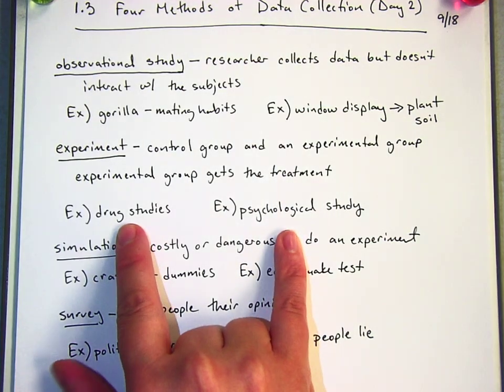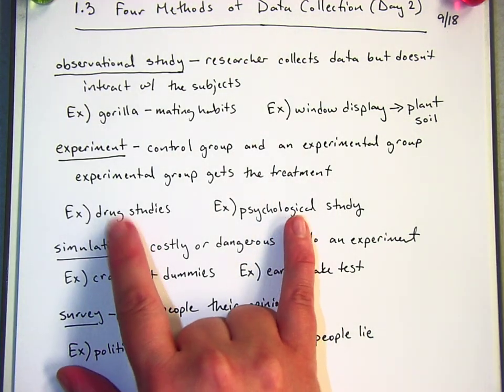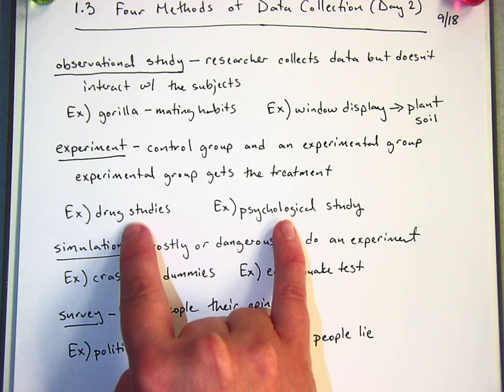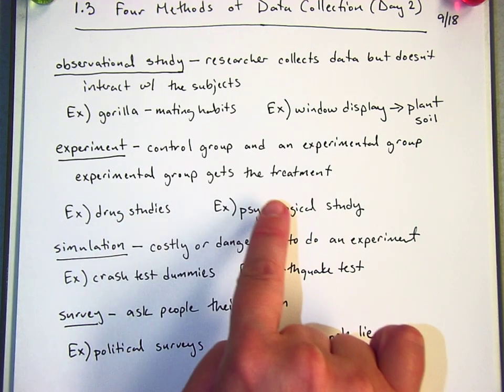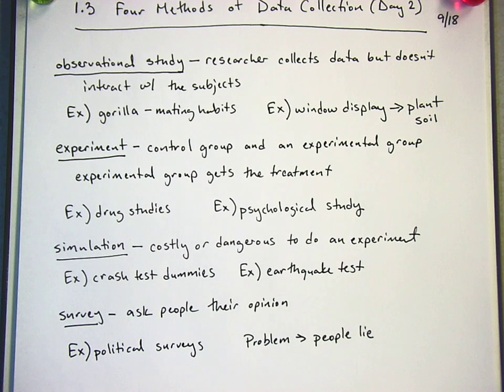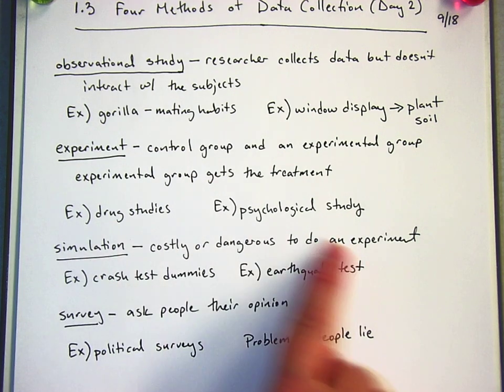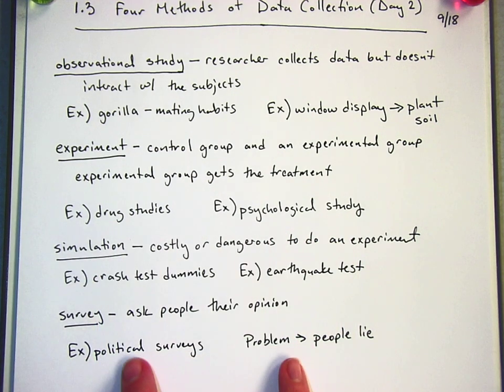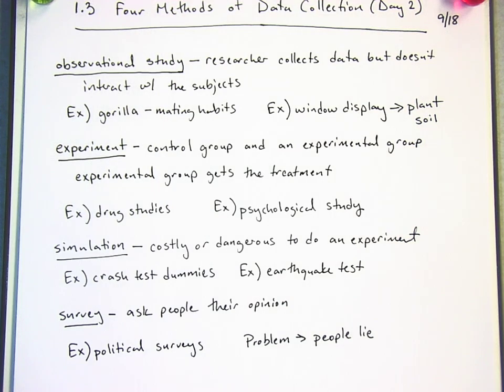I realize that I went really broad here with drug studies and psychological studies, so you can make up your own experiment that falls into one of those two categories, but I want you to be specific. This one's going to be a little tough to do, but I bet you can do it, and that one should be pretty easy. So be specific about what you're asking about. If you're doing a survey, exactly what are you surveying and who are you surveying? One example of each for your homework that's due tomorrow.